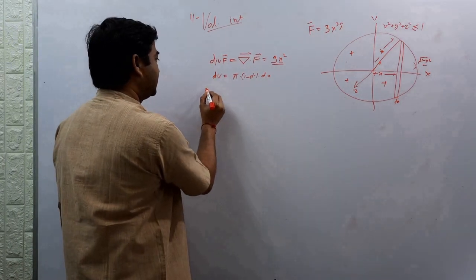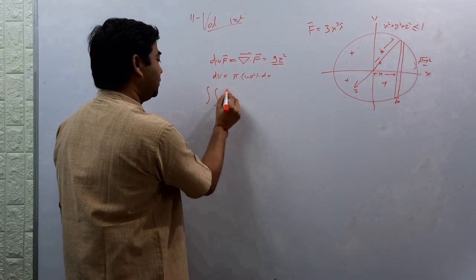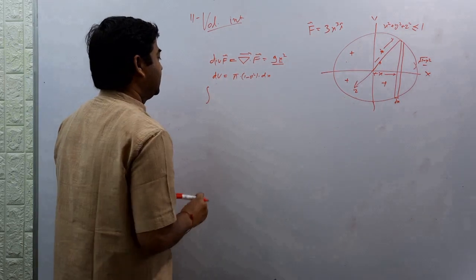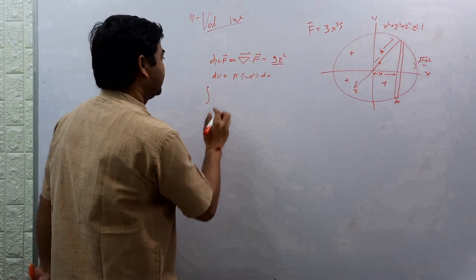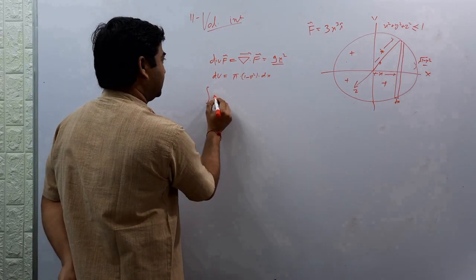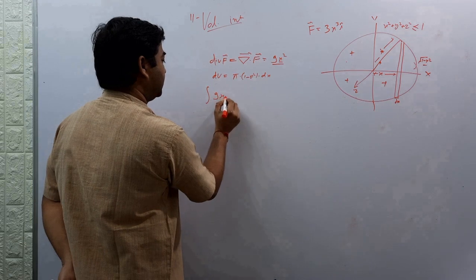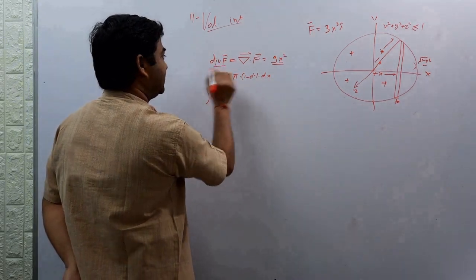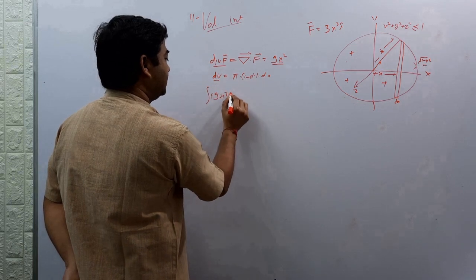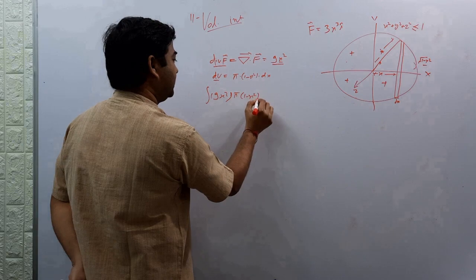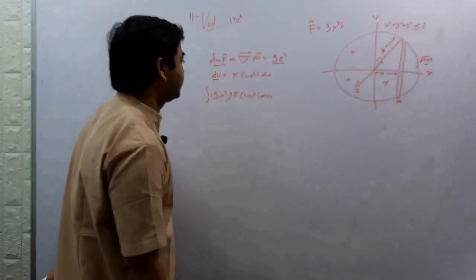Now the divergence in this volume, we will find by single integration first. The divergence in this volume is x square, that is divergence of f, into dV, that is pi 1 minus x square dx.